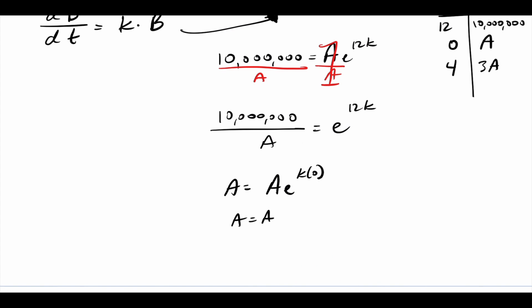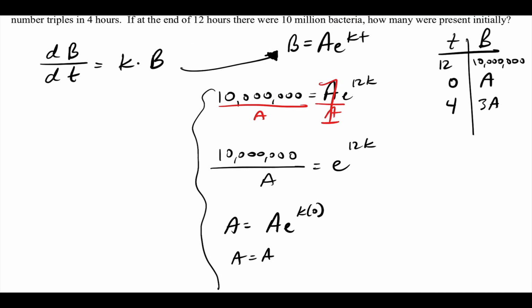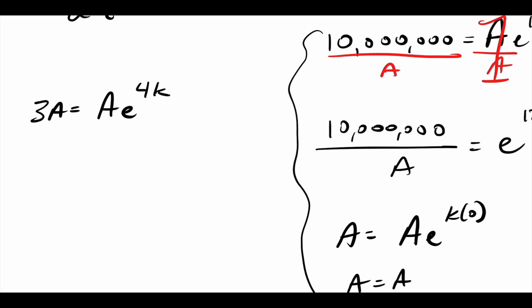Instead of B, we're going to plug in 3A and then A, e to the 4K. So I used the last dot.